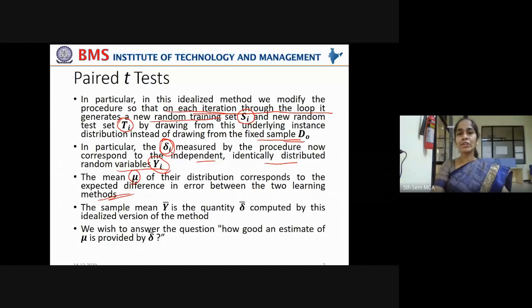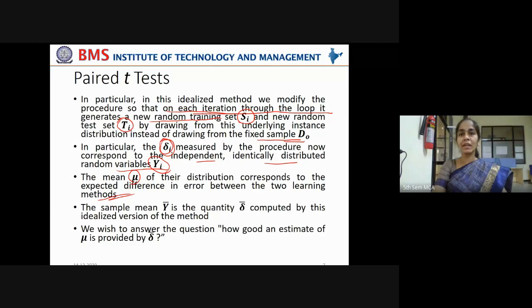Now if we check the two learning methods on this new sample, then the mean mu of their distribution corresponds to the expected difference in error between the two learning algorithms.